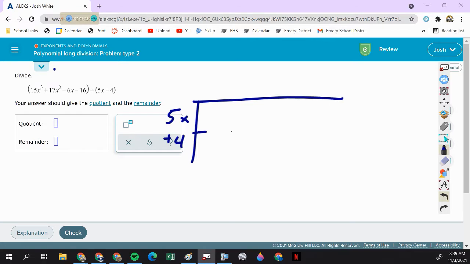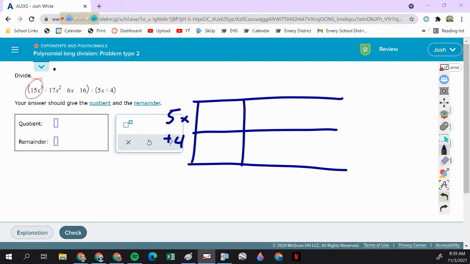And I don't know how many columns there are going to be, so I just leave that open. The first box is always the leading term. 15x to the third. Pull out a 5 and an x. What's left? 3x squared. Does everybody get that?